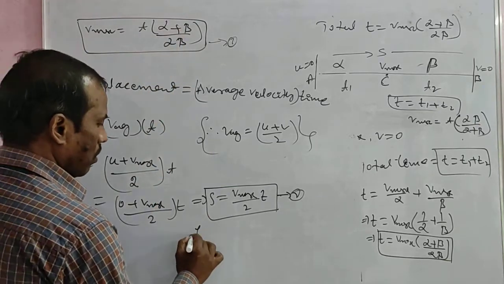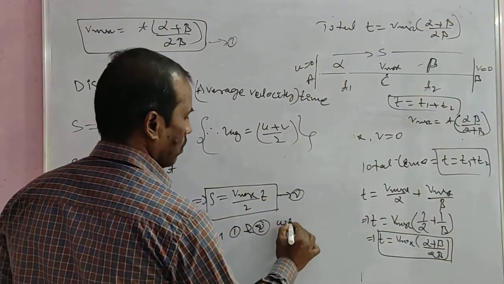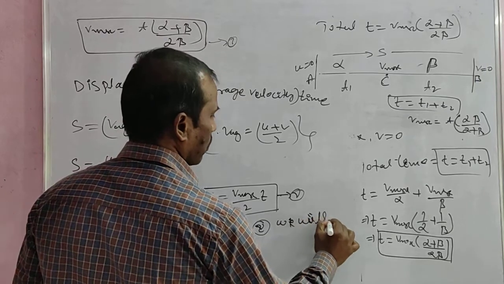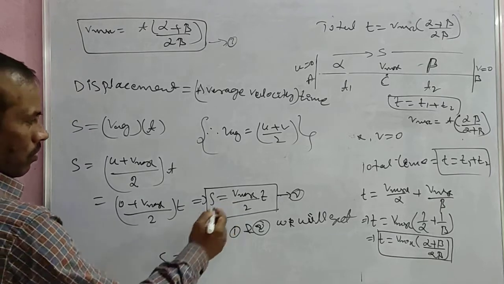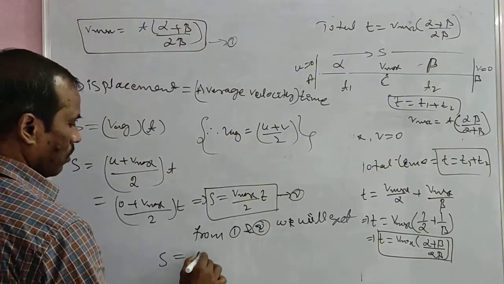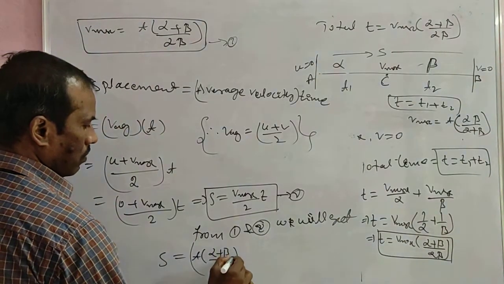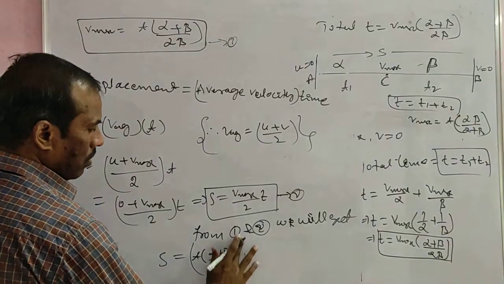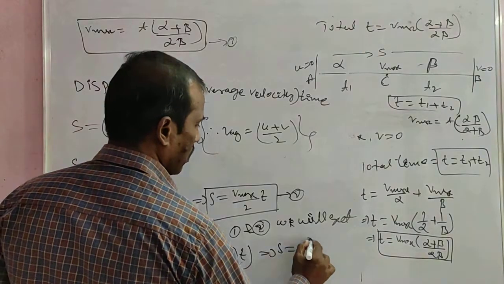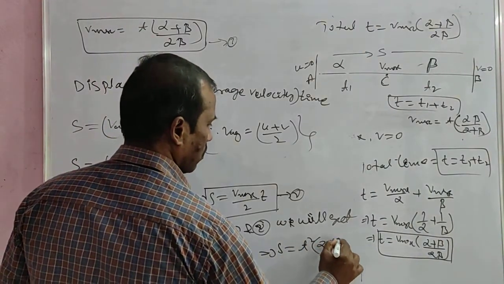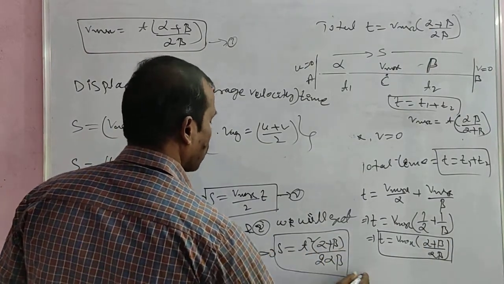From here we will get the displacement of the bus in the journey, which is V maximum, that is T into alpha plus beta by alpha beta, into 1 by 2 into T. So S is equal to T square into alpha plus beta by 2 alpha beta. This is the second method.